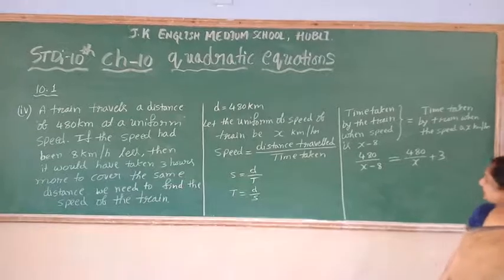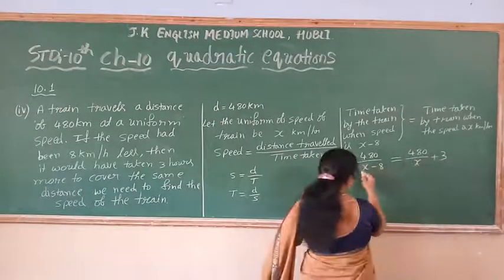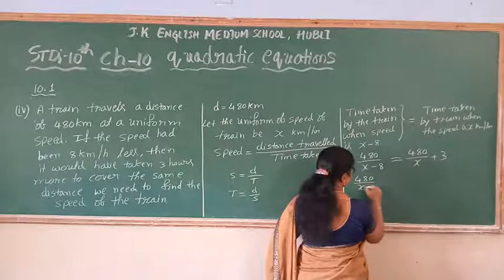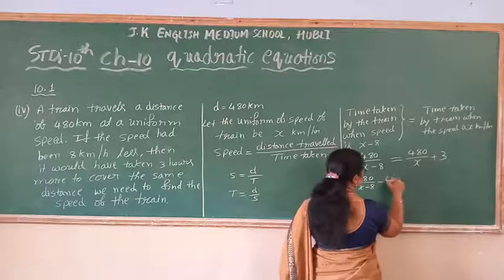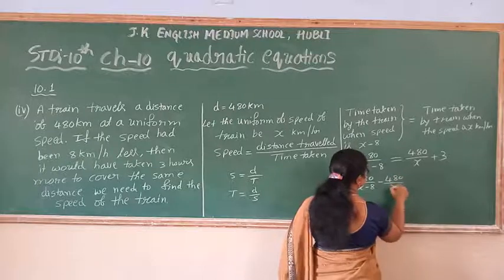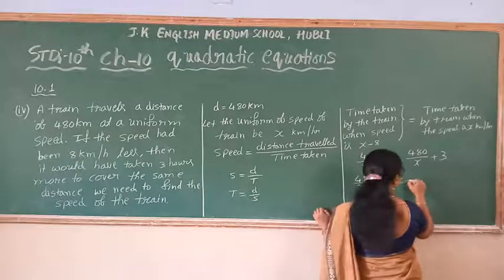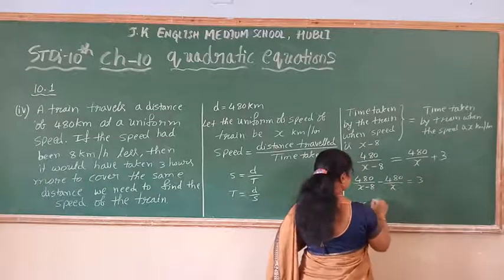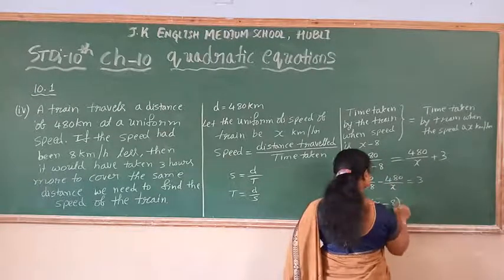Now we have to simplify. So I take it this side: 480 divided by x minus 8 minus 480 divided by x is equal to 3. So take the LCM here, x into x minus 8.